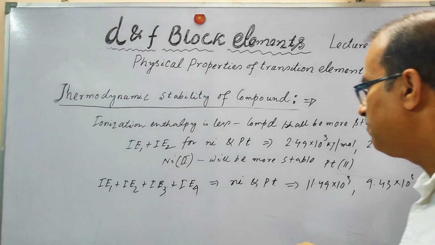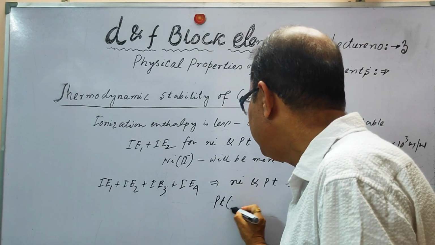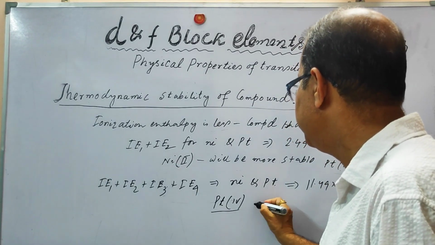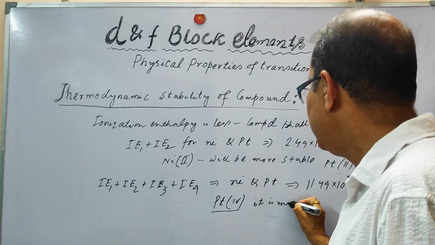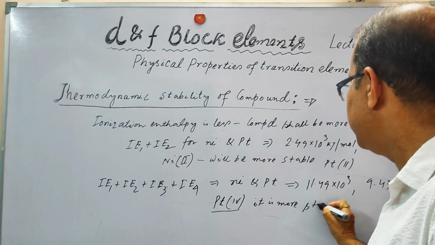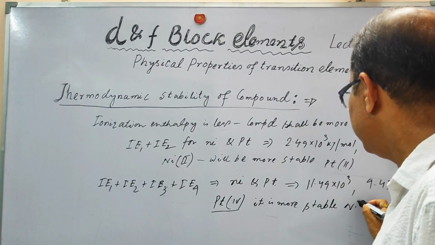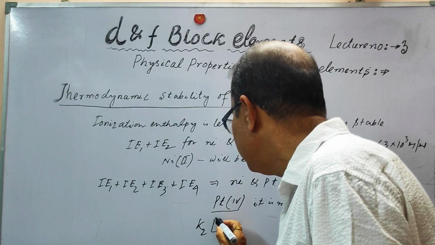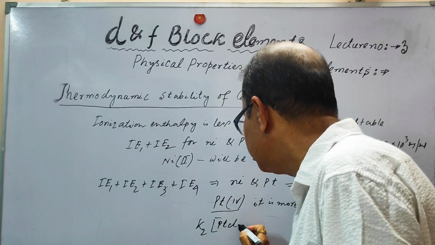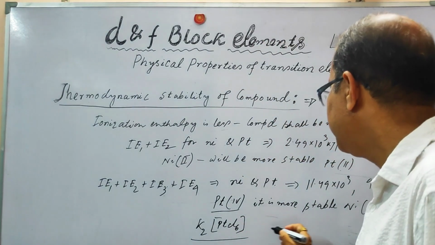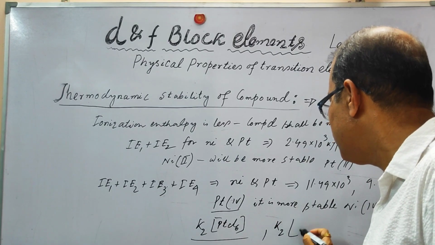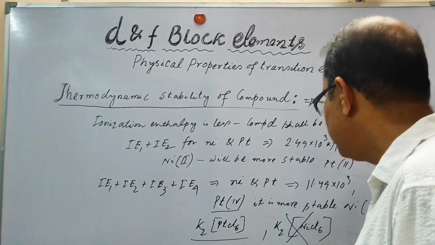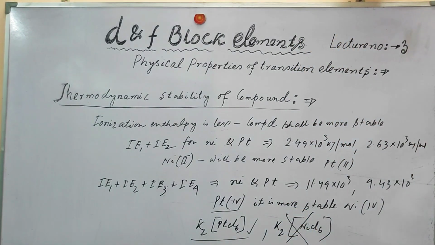So in this case, platinum having the 4 oxidation number is more stable than nickel 4. So in complex compounds you will find the K2PtCl6 compound is more stable, but the NiCl6 compound is not known, so this is more stable thermodynamically.